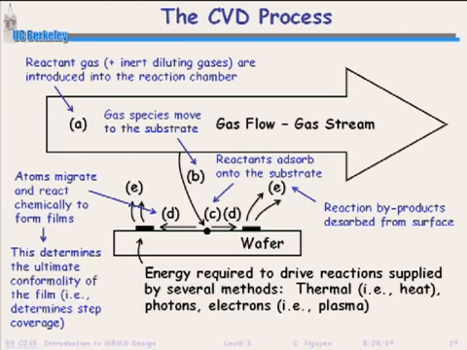And the best way to do that is they're gaseous and can flow out of the gas stream. So that's another requirement in finding a chemistry that works. That's why there's not an infinite number of chemistries that work. All of these things have to happen in order for this to work. This is just what I just said in words, so I won't go through that. I've got some nice pictures of conformal versus non-conformal.